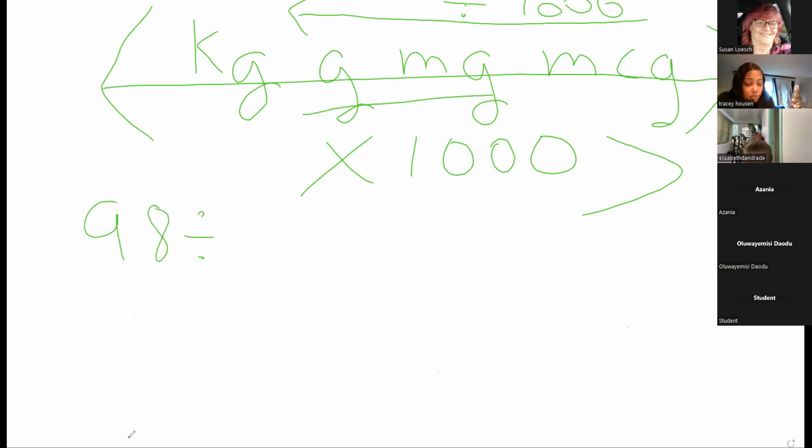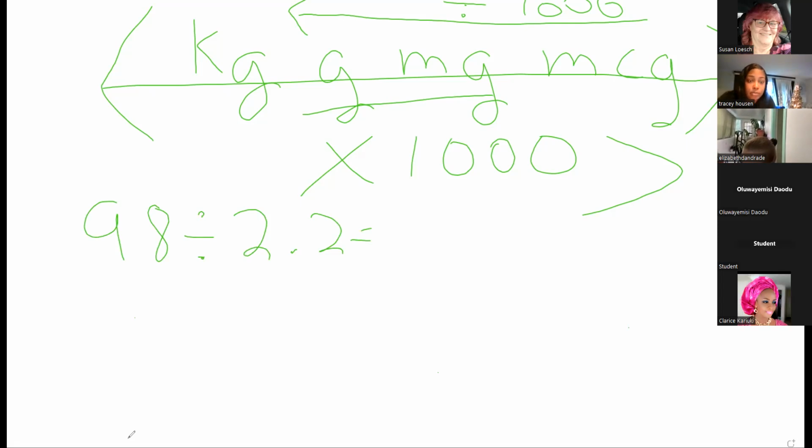I divide that, so bring it to kilograms. So it's 44.5 kilograms. That is your weight.